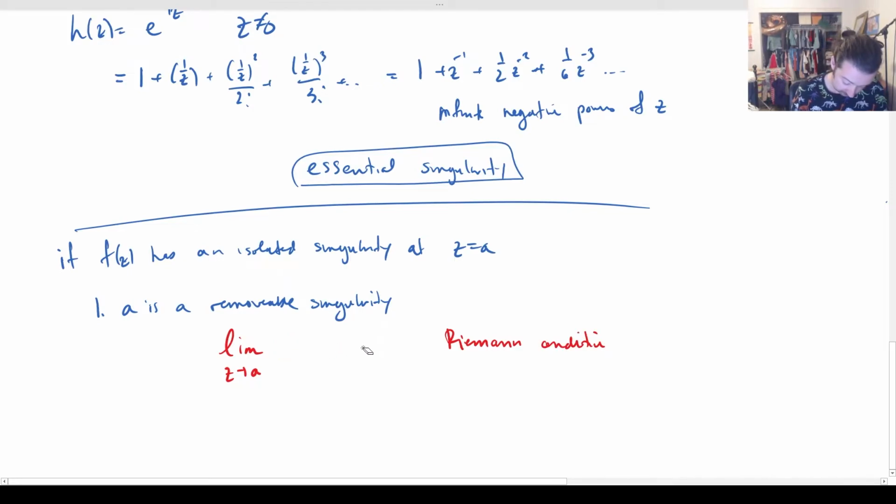Sorry, this is not z. It's z minus a times f of z. Essentially what you're saying is that you're multiplying the z minus a out of the denominator. So if this limit is equal to 0, then the singularity was removable.